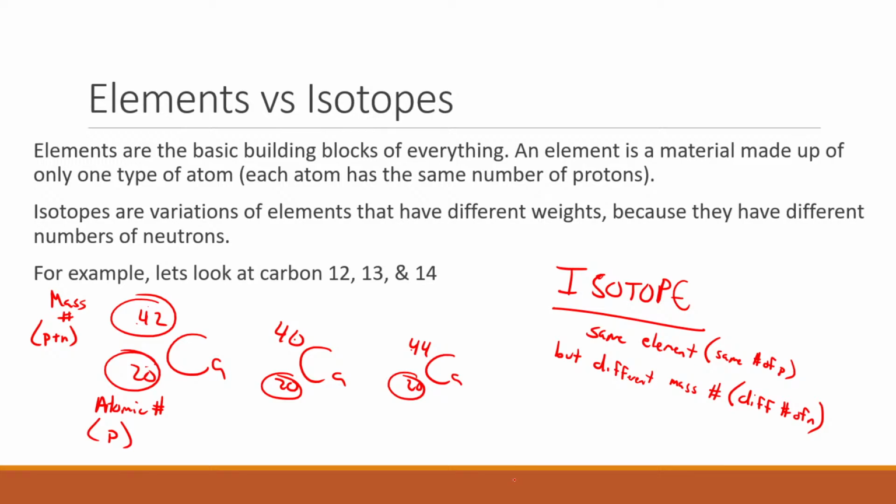And this now leads to an interesting dilemma. If this leftmost calcium has a mass of 42, and this rightmost calcium has a mass of 44, and this middle calcium has a mass of 40, when I look at the calcium box on the periodic table, what number should I put for the mass? Should I put 42? Should I put 40? Should I put 44?